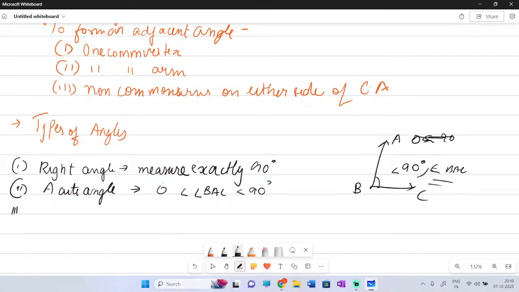Then obtuse angle, complementary, supplementary and reflex angles you can draw on your own because that's very easy. I have to give you an axiom on the other thing.